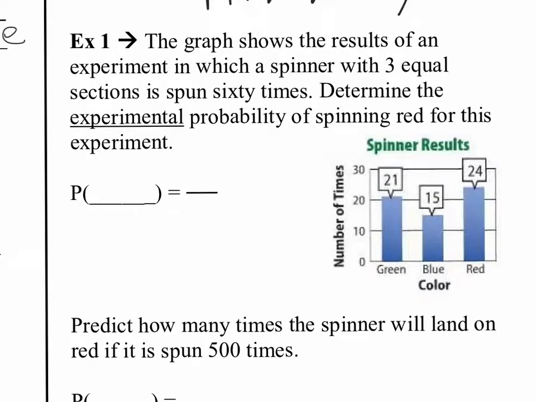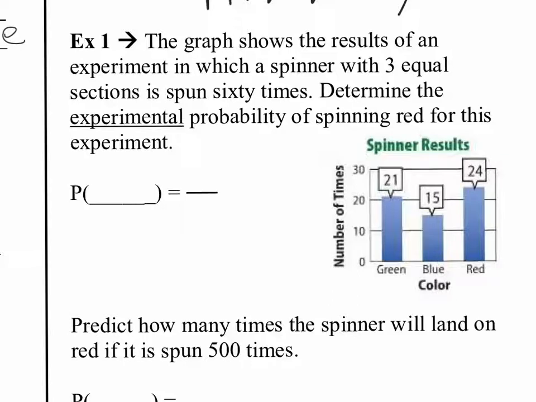Example number 1. The graph shows the results of an experiment in which a spinner with 3 equal sections is spun 60 times. Determine the experimental probability of spinning red for this experiment. If you add 21 plus 15 plus 24, you get 60.